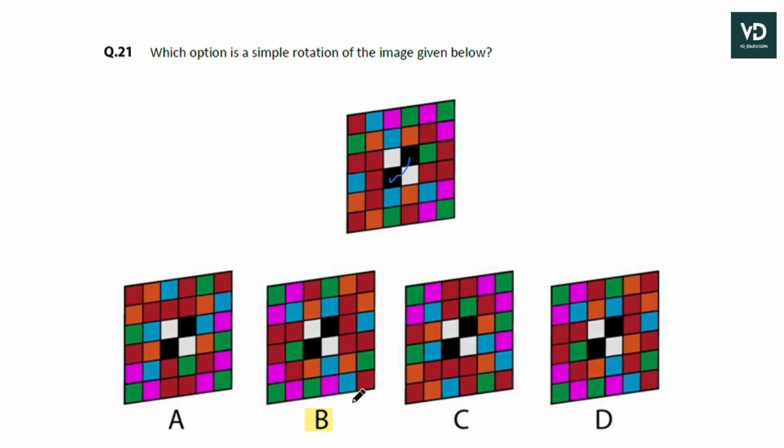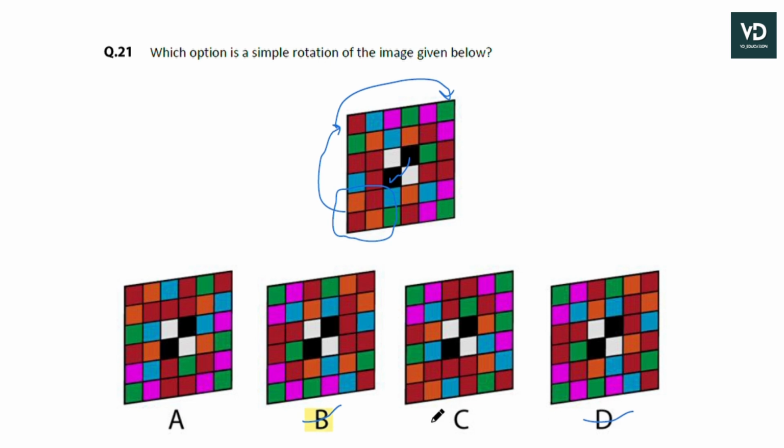These shapes are common in all shapes. So next, what is the next common shape? Here we can see this part, 2 pairs of orange, 2 pairs of red. If we rotate this part by 180 degrees, this will come here and that will come here. So 2 options will be like this, B and D.